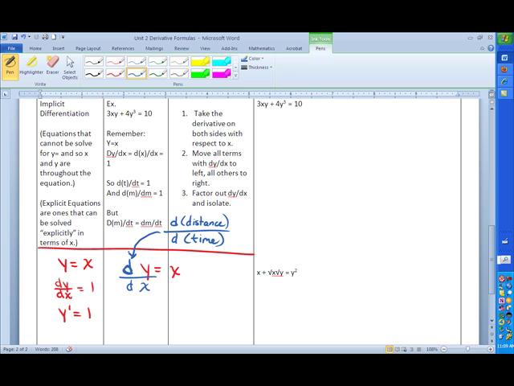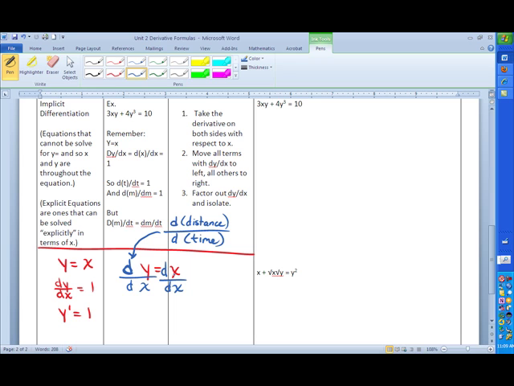Well, if I'm going to do d over dx on the left, I have to do d over dx on the right. On the right, it's saying, how is x changing with respect to x changing? If x goes up 1, x goes up 1. If x goes up 4, it goes up 4.